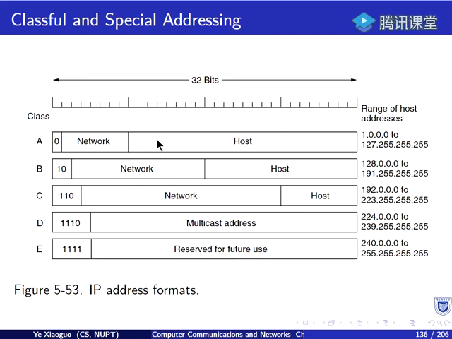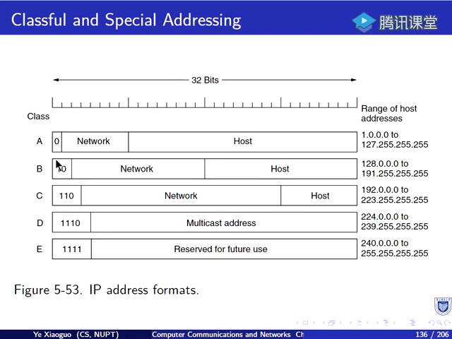Here is a comparison between classful addressing and CIDR addressing. The IP address format is listed here, and the IP addresses are classed into 5 classes: A, B, C, D, and E. Class A sets a 0 bit as the topmost bit.